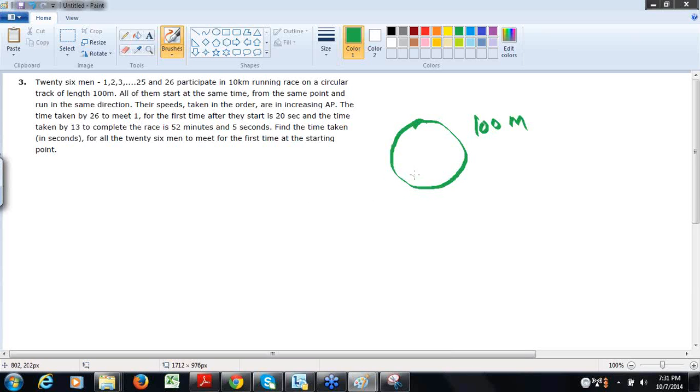All of them start at the same time. Their speeds are taken in increasing order of AP.